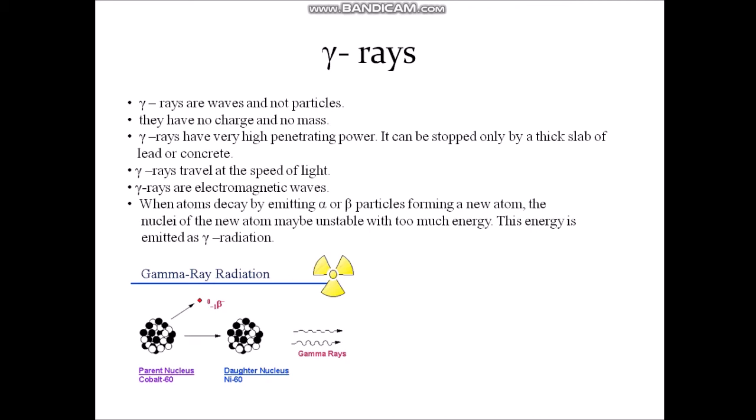The nickel nucleus may be unstable, and this instability can cause the nickel to emit gamma rays. So this is how gamma emission is written.